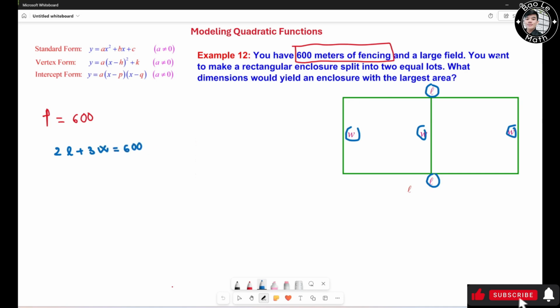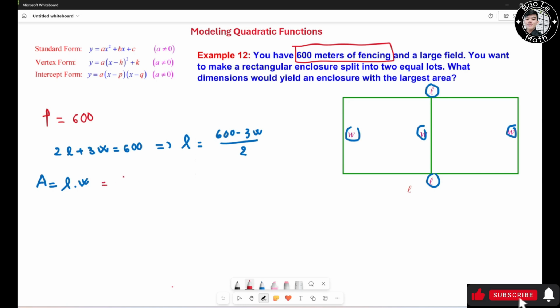Now, the question: what dimensions would yield an enclosure with the largest area? The area of this rectangle equals length times width. Now from the first equation right here, I need to solve for L. So L equals 600 minus 3W, divided by 2. And then I substitute this for L into the second equation.